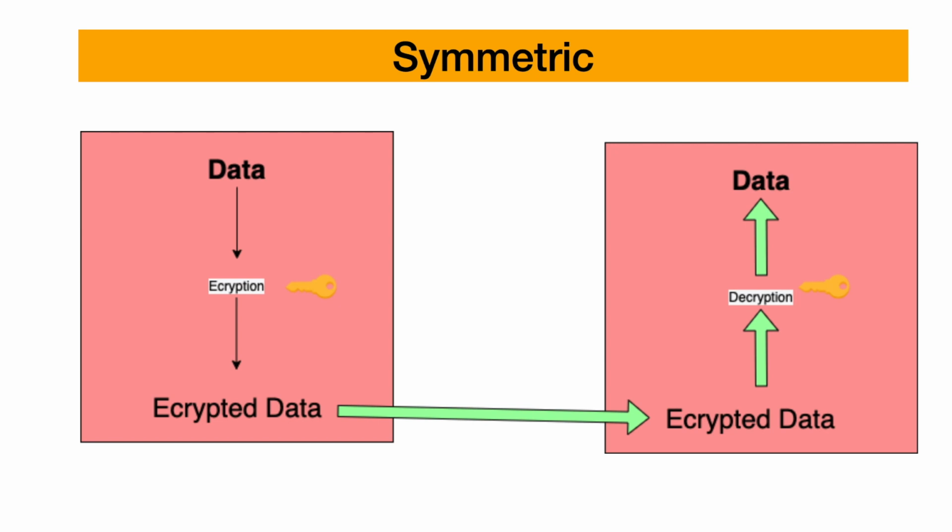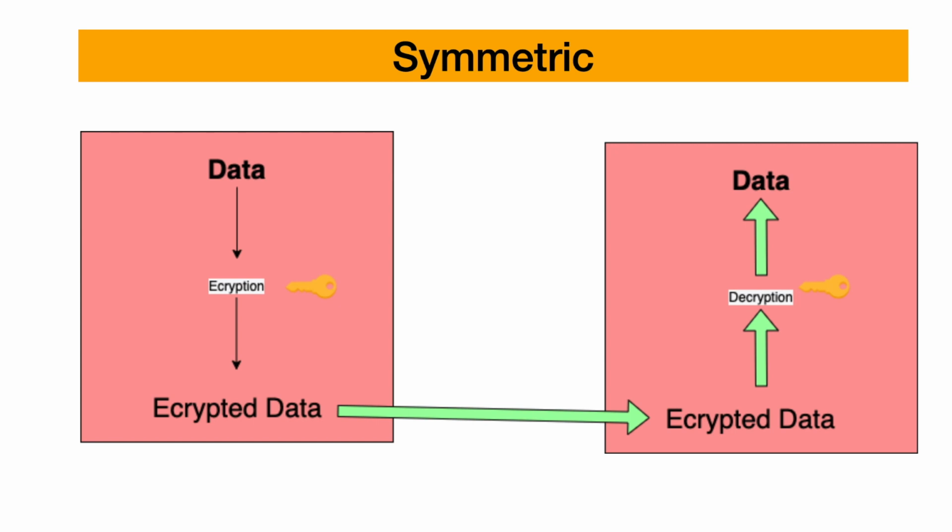The main point here is that the keys on both sides are the same. That's why this type of encryption is called symmetric encryption, because they use the same key on both sides.